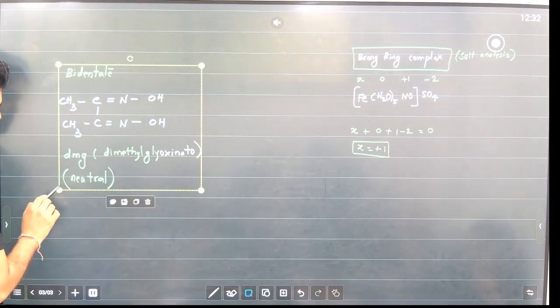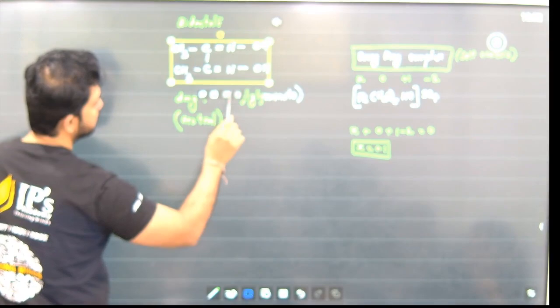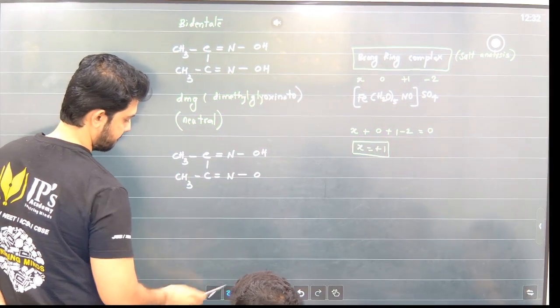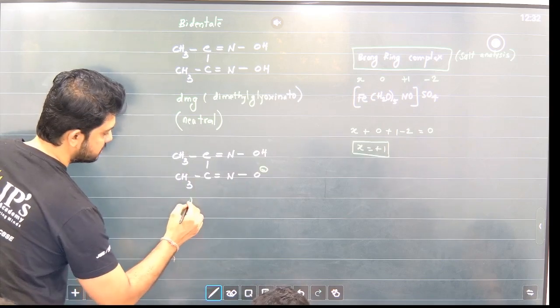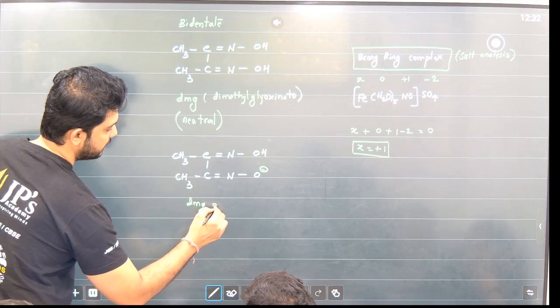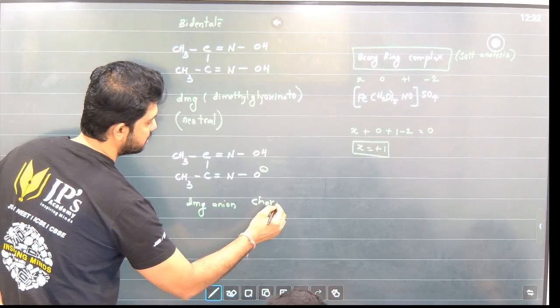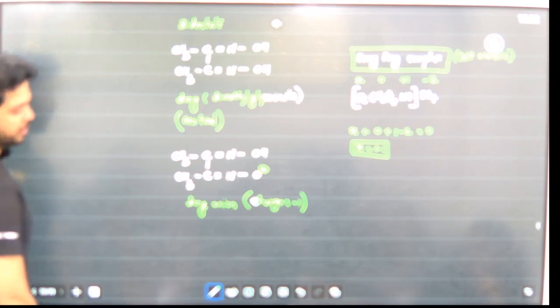Add this, and also add this, which is called DMG anion. Everything remains the same, the only thing here is the charge is -1.